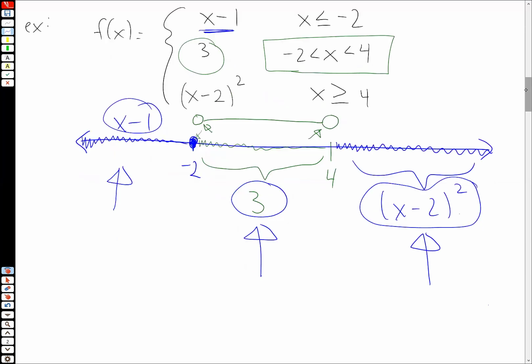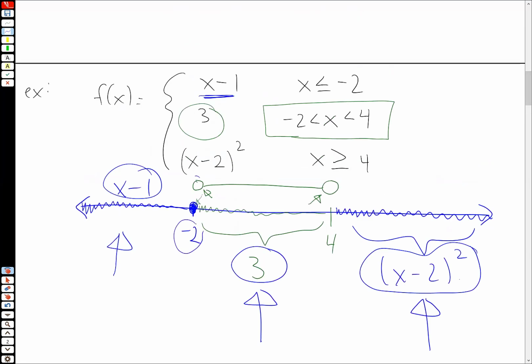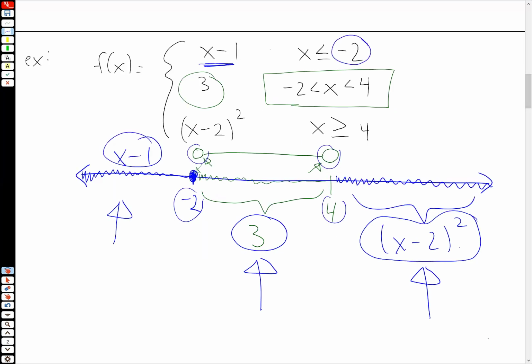Okay, so let's get to the graphing part. What I usually do at this point is plug in all the endpoints into the functions, and place them on our graph. What I mean by that is I'm going to plug minus 2 into x minus 1. I'm going to plug minus 2 and 4 into 3. And I'm going to plug 4 into x minus 2 squared.